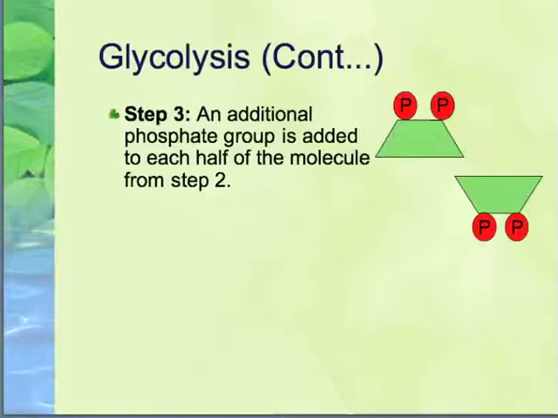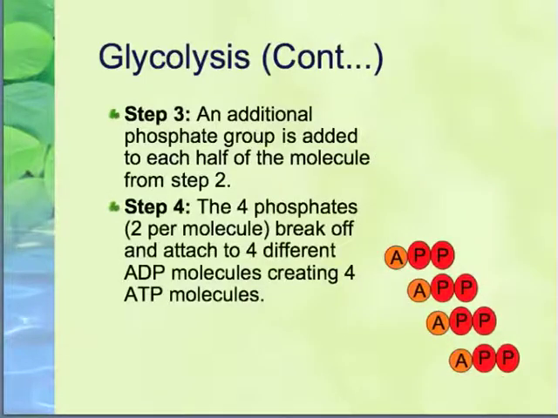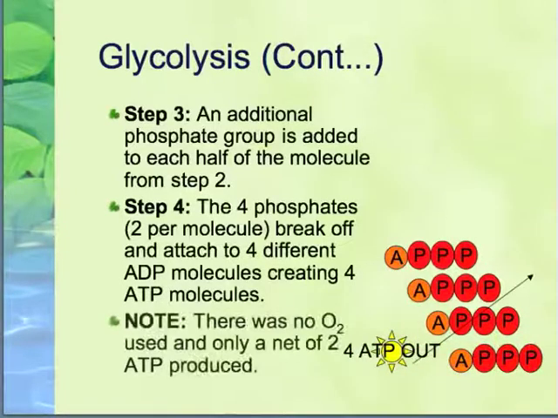And what happens here is the 4 phosphates are going to rip off the energy and turn 4 ADP molecules into 4 ATP molecules. All right, so we have 4 phosphates popping off those glucoses, and we end up with 4 ATP molecules.